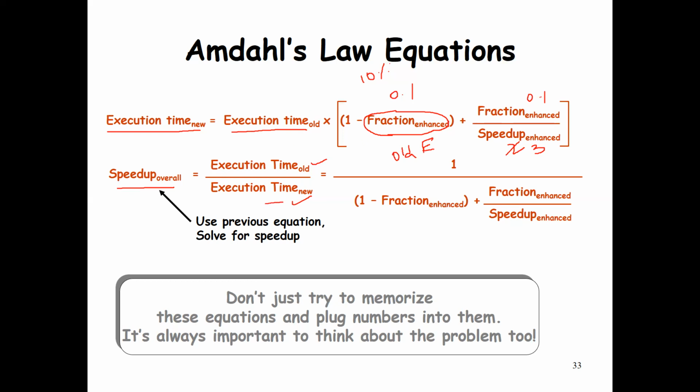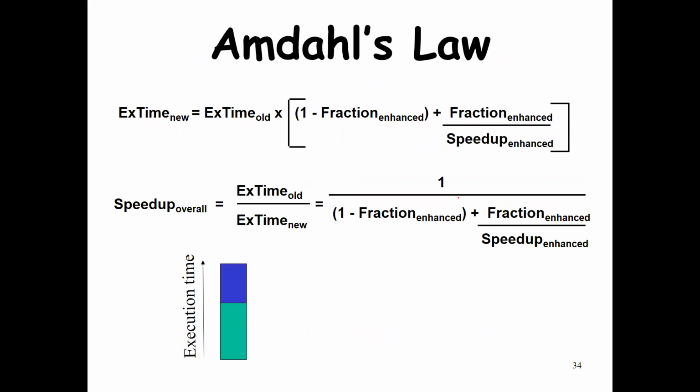This equation also starts with old execution time, old execution time into all these things. So this old execution time and this old execution time will get cancelled. Finally, what you will have is 1 by 1 minus fraction enhanced plus fraction enhanced by speed up enhanced. So that's how we got this equation. Okay. So this is the same thing as what we have discussed here.